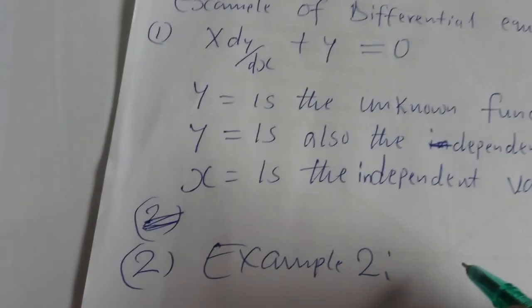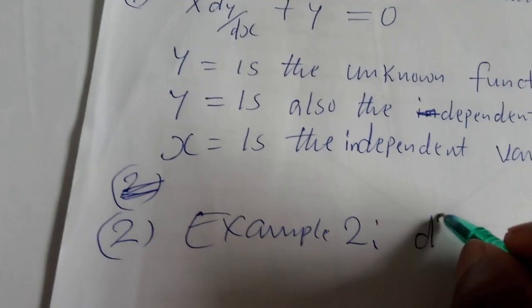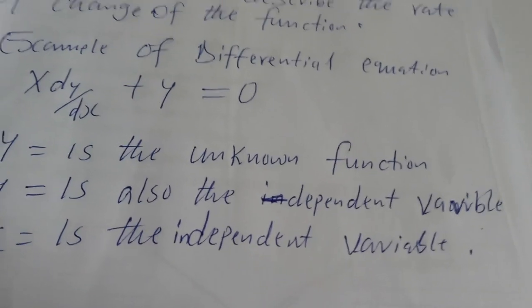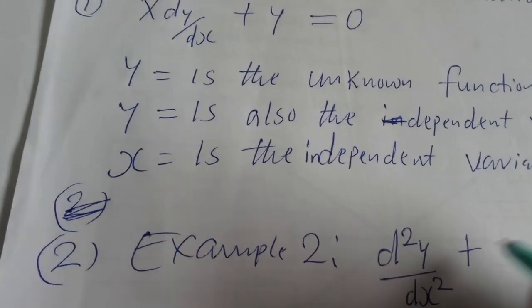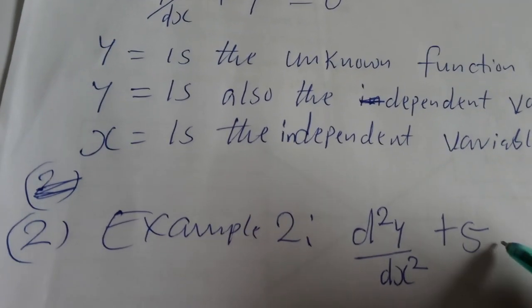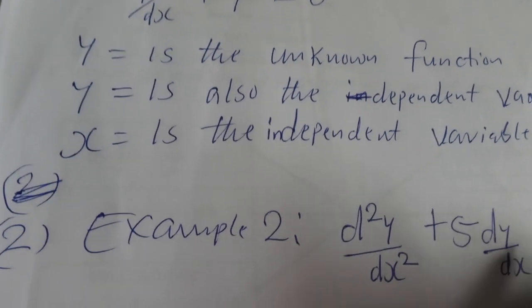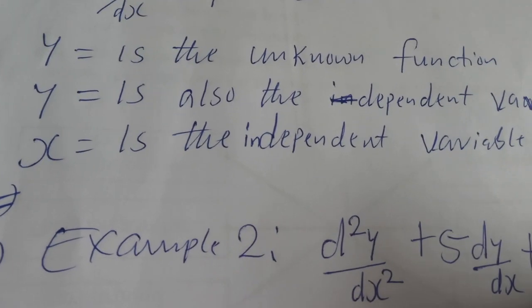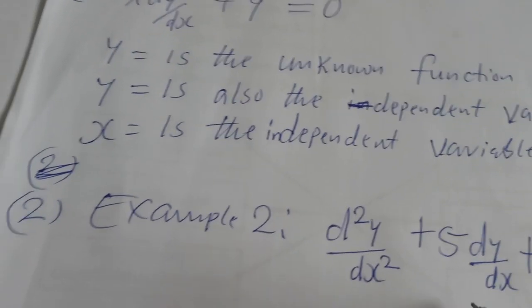Example 2: if we have the second derivative, d squared y over dx squared, plus 5 times the first derivative, plus 6y, equals 0. This is also a differential equation.